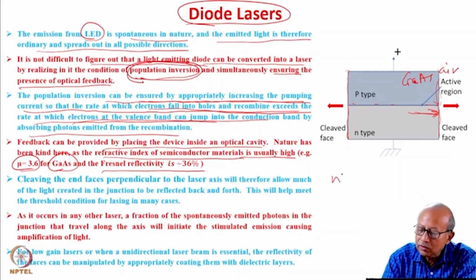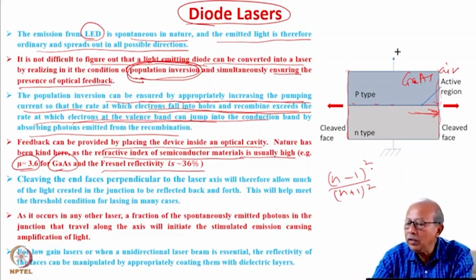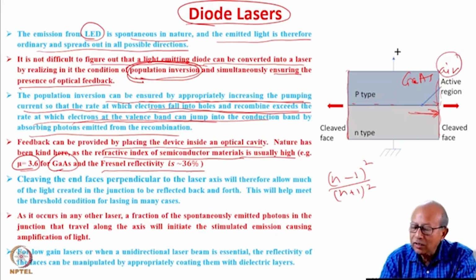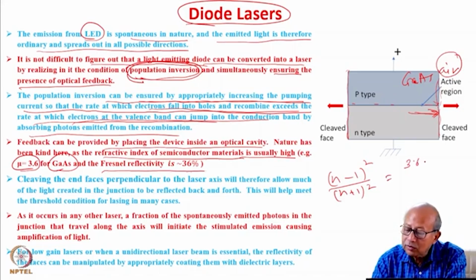We know that it is (n minus 1) whole square divided by (n plus 1) whole square, where n is the refractive index of gallium arsenide and 1 is the refractive index of the surrounding medium, which in this case is air. So n is, as I said, 3.6: (3.6 minus 1) whole square divided by (3.6 plus 1) whole square.